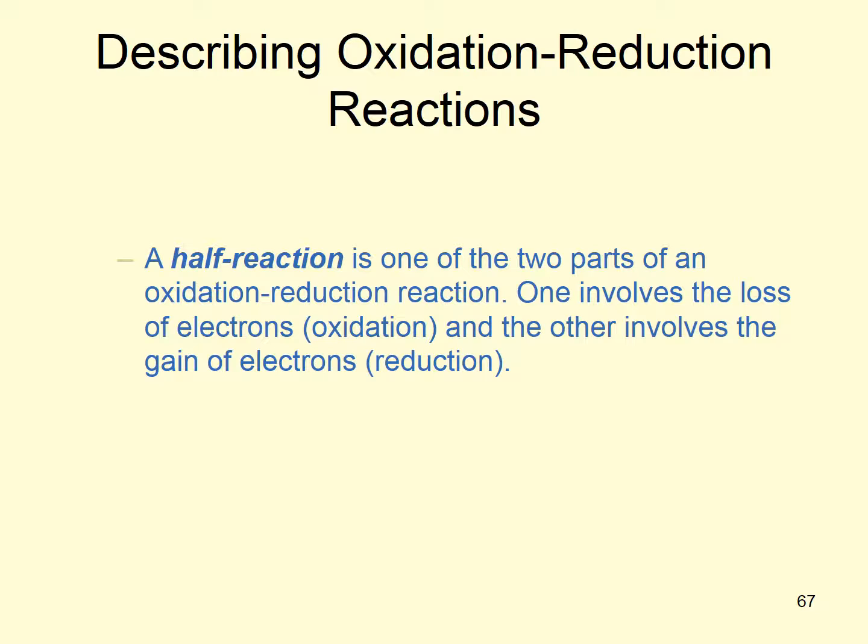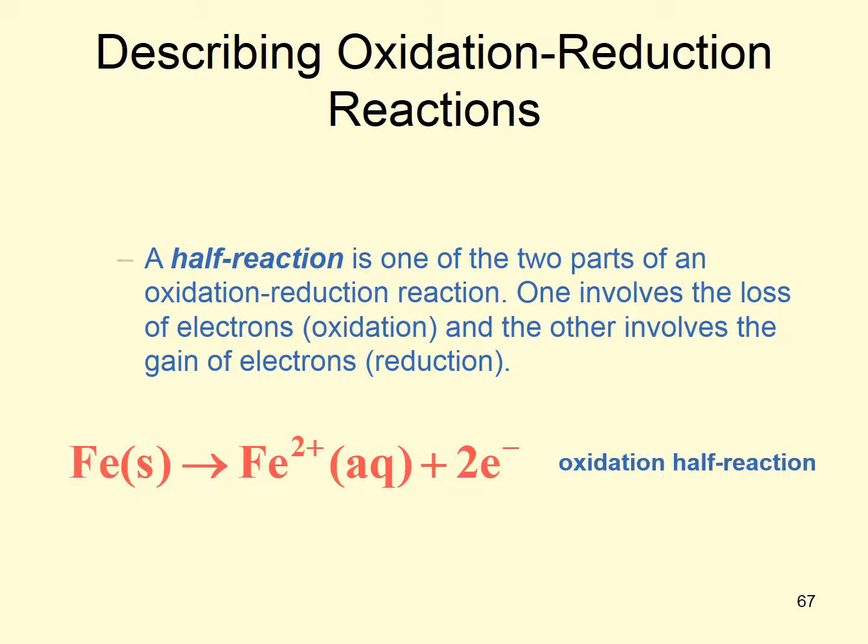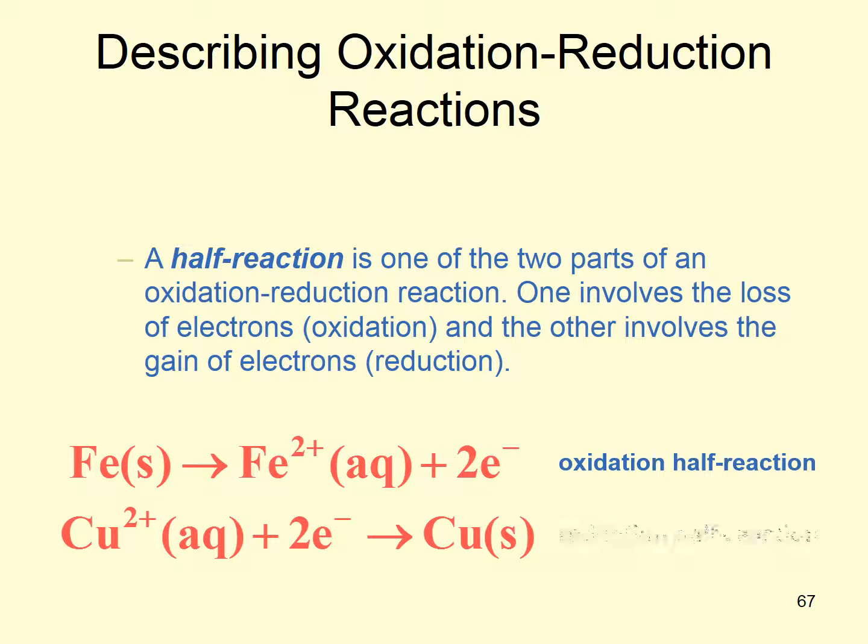So either you're writing the oxidation or you're writing the reduction. So in this equation, the iron going to iron 2+, giving off 2 electrons is the oxidation half reaction, and then the copper being reduced, copper adding 2 electrons to become copper, is the reduction half reaction. If you notice, if you add those back together, these have the electrons, and then the 2 electrons can cancel, and so we get back to our original equation.